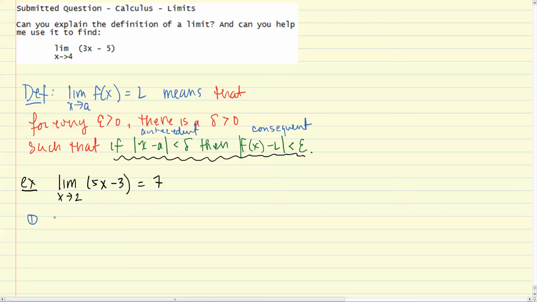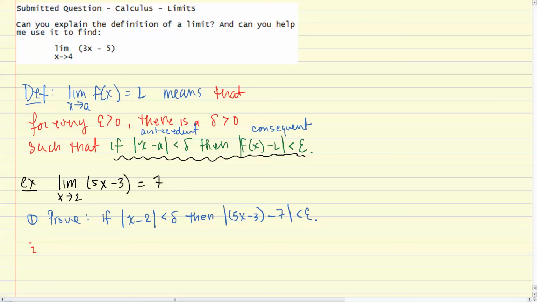So we need to prove: if the absolute value of x minus 2 is less than delta, then the absolute value of 5x minus 3 minus 7 is less than epsilon. That's our task in this problem.